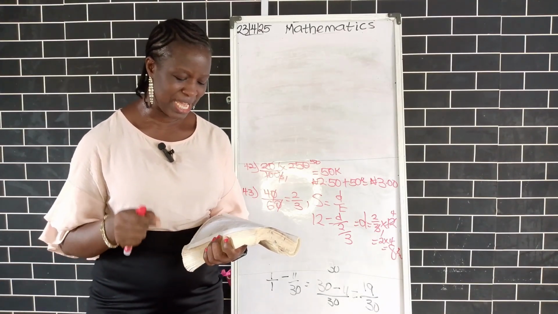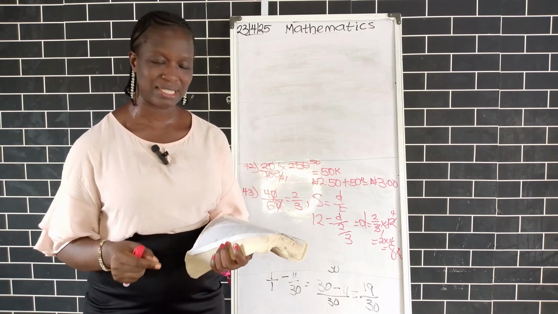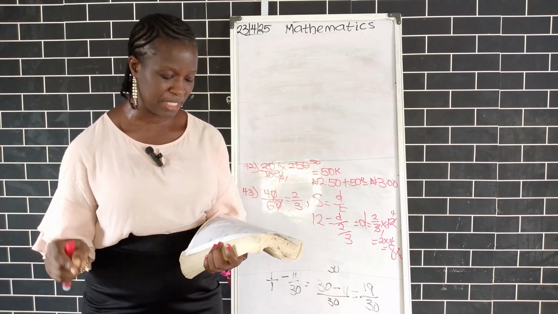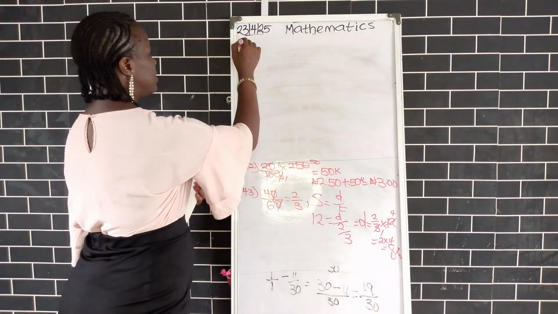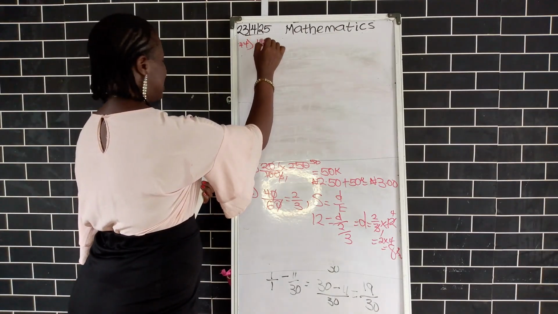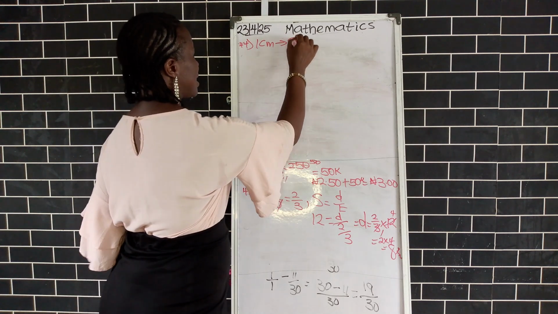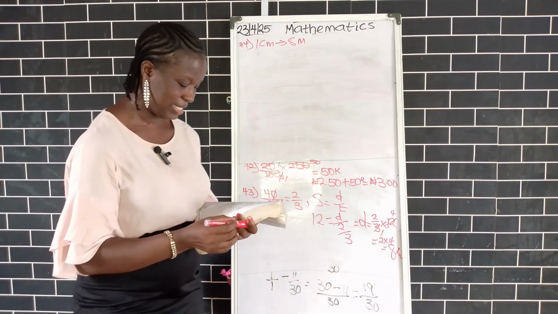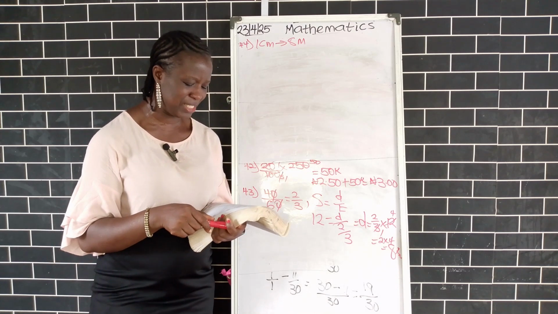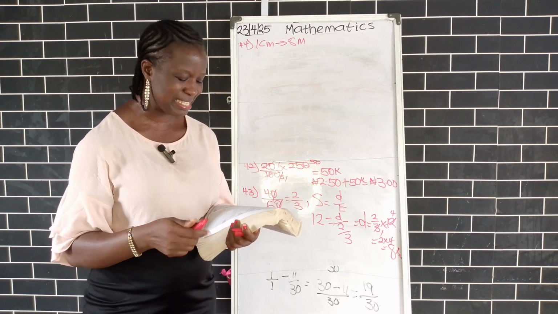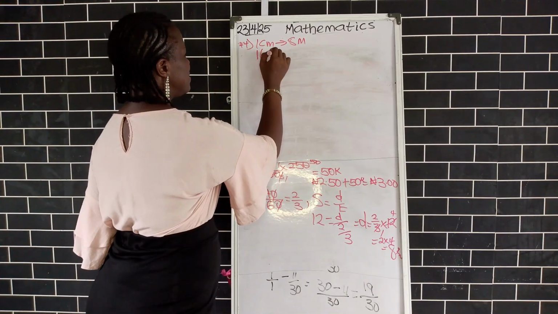When making a scale drawing of a school, a scale of 1 centimeter to 8 meters is used. Let us interpret the question. What would be the actual length of a wall that is 16 centimeters on the drawing?